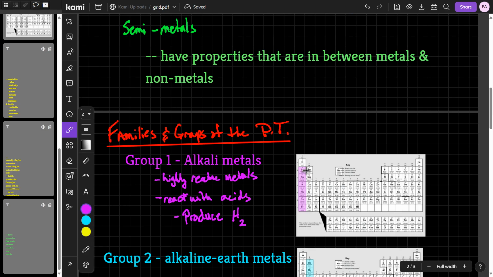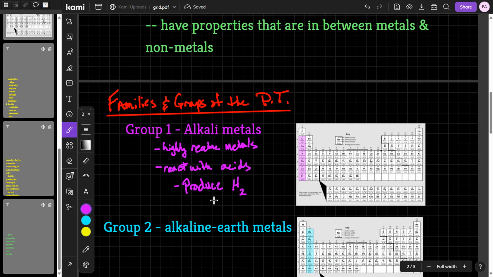And so that first column on your second periodic table is going to be all purple.